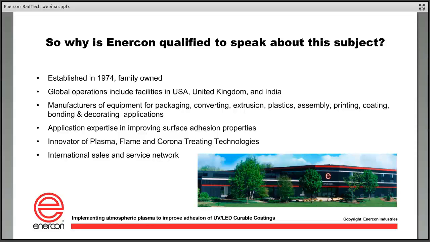We work with quite a wide variety of industries out there. We work in packaging, of course, the films and flexible materials, the converting as well as the extrusion end. But we also get into a lot of plastics, assembly, automotive, medical. We have an entire division dedicated to induction sealing, so putting the foil induction seal onto a bottle as well.